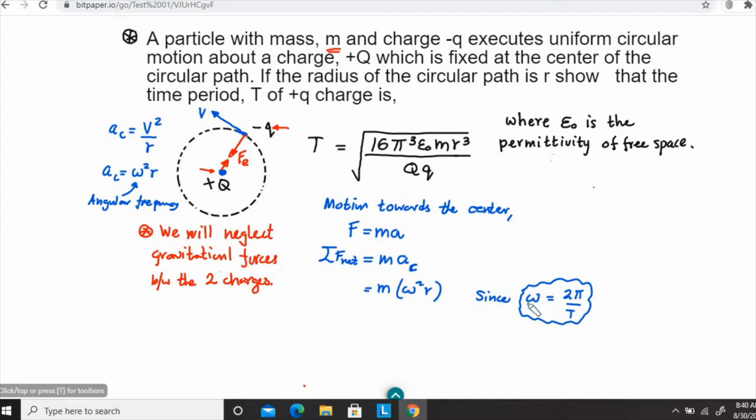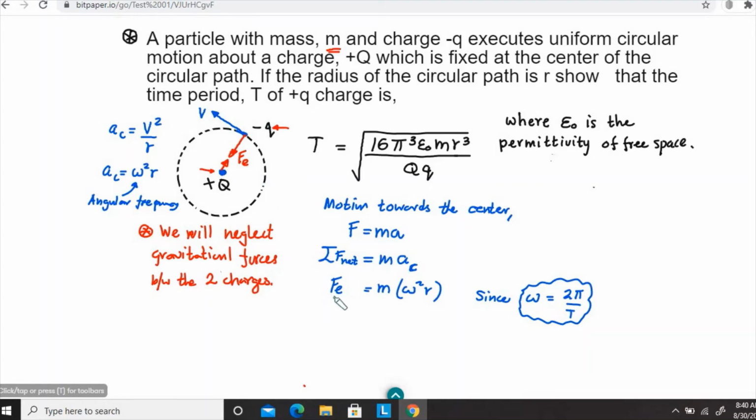Okay, now the net force is simply the electrostatic force, and since we are looking towards the center, this force is towards the center, so that's the positive direction. So I'm just going to write Fe. That's Newton's second law applied for this electrostatic charge that is moving around the circular track.